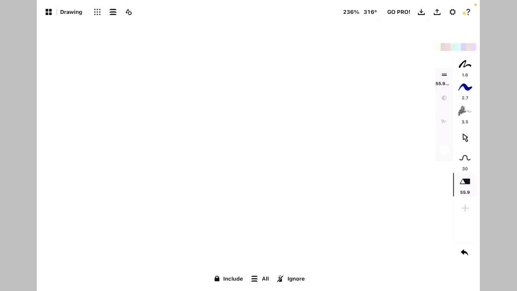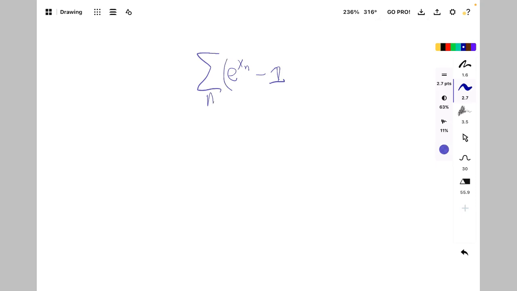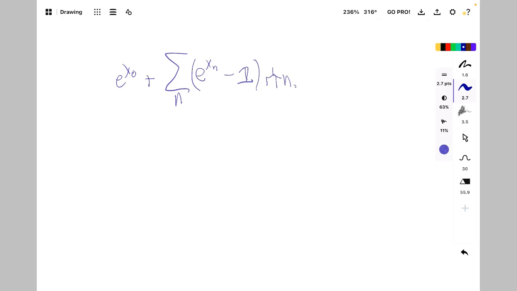So that e to the xn minus 1, in the formula, I believe that was, let's see, the sum over n of e to the xn minus 1, tel n, and then there's e to the x 0 there, which x 0 was the 2 in that example. X sub 0 is already included, so that's a. In this case, the a is just equal to 2.